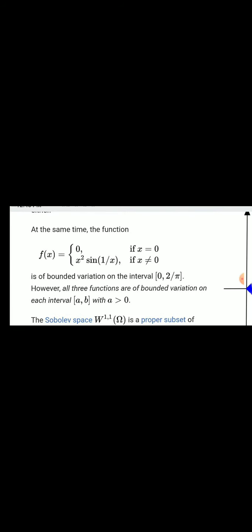So clearly the function is defined here at 0, and this function is of bounded variation in the interval 0 to 2 by pi because of its curved nature. So you can check that the curve is flat at 0, and in any interval the variation can be measured.